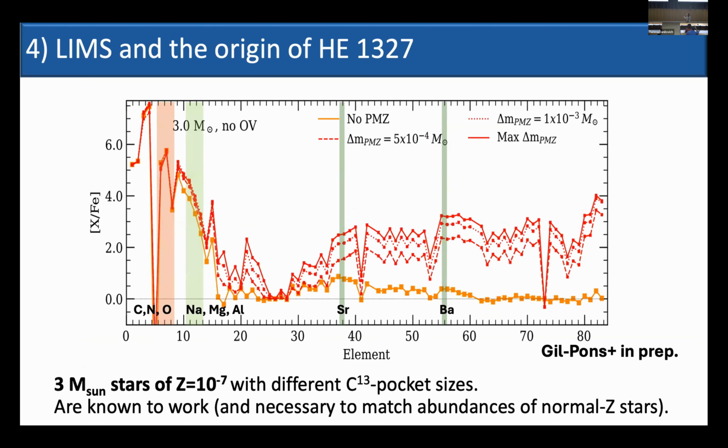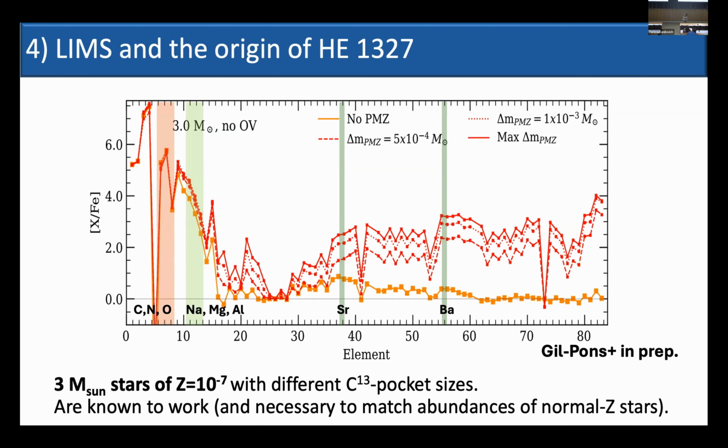What we have done is try with a 3 solar mass star. We did a work in 2022 where we could see that a 3 solar mass star with an initial composition similar to the one of this star could reproduce the carbon, nitrogen, oxygen peak, the light elements. So it was very promising.